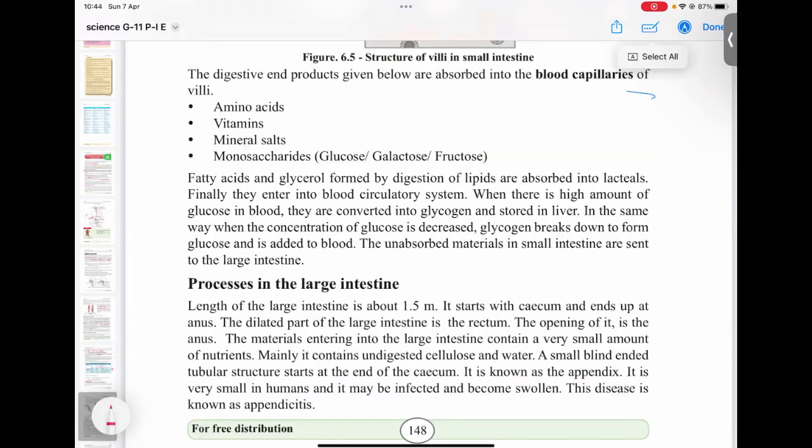These digestive end products, the amino acids, vitamins, minerals, and monosaccharides, will be taken into blood capillaries. Who is missing? We are missing fatty acids and glycerol. Why? Because they are a little bit different, as they are oily, right? So they won't be absorbed into the blood directly. They will be absorbed into something called lacteals.